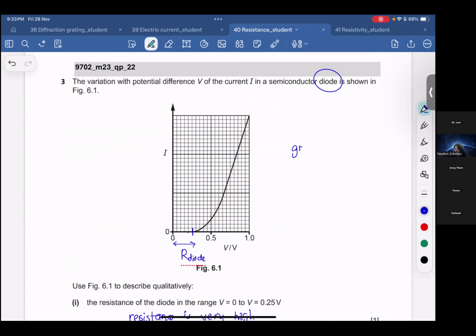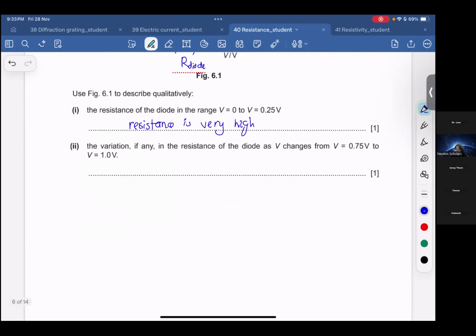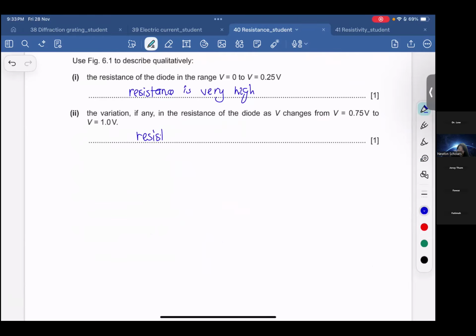As I told you, the gradient here is I over V, but our resistance is V over I, so we need to turn the gradient upside down. If I draw the line here and somewhere here, we find that the gradient increases. Steeper line, resistance will decrease. So here we write down resistance decreases as V increases.